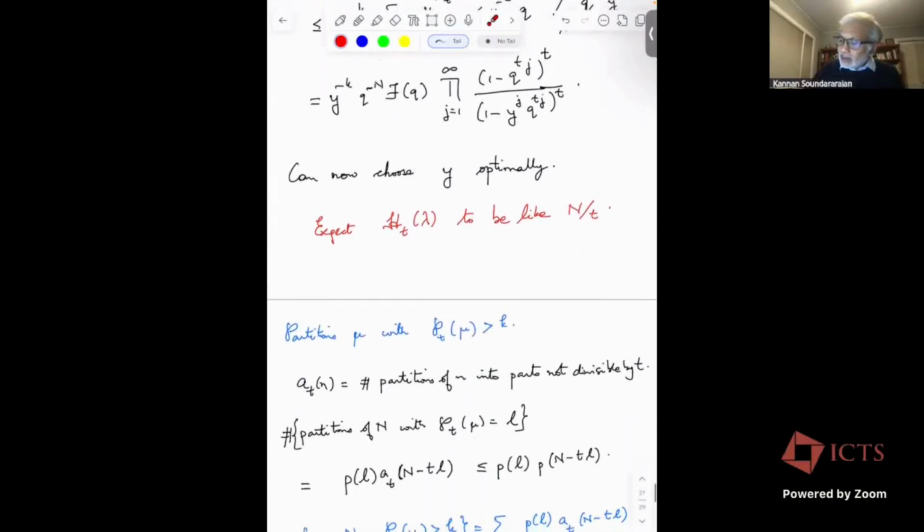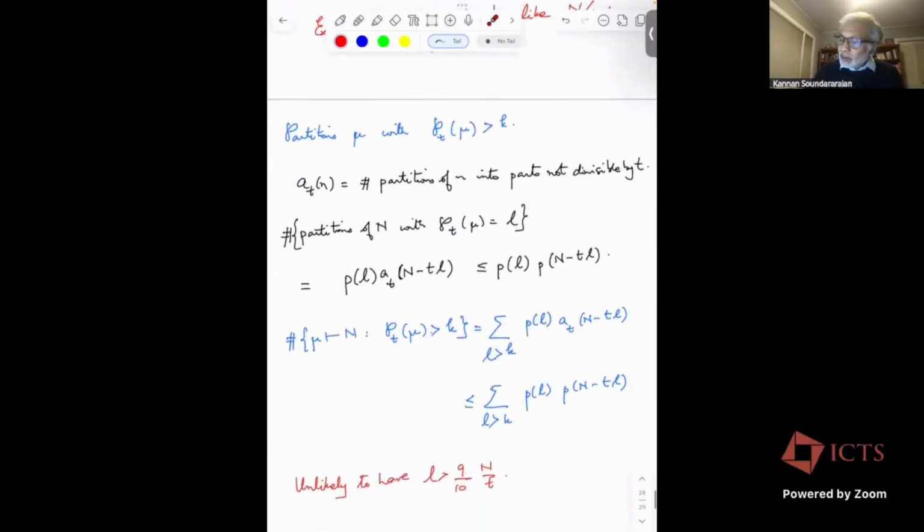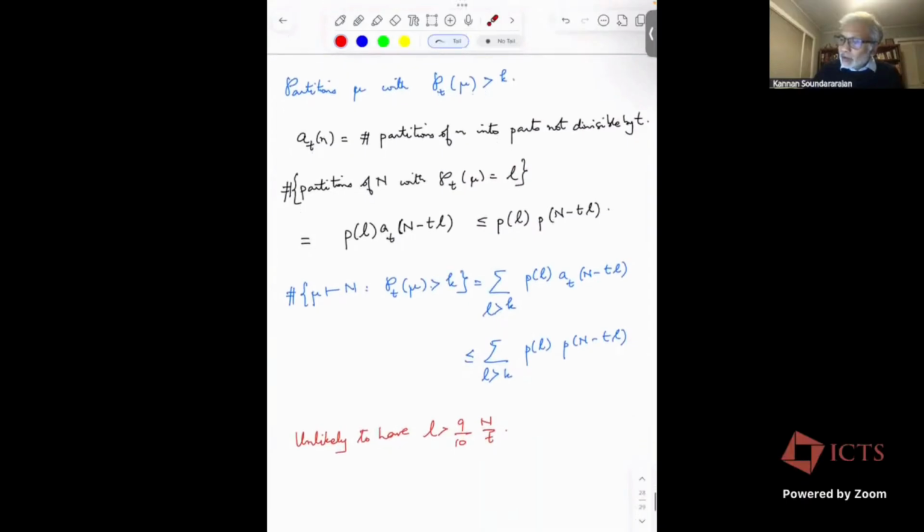On the other hand, if you want to compute the number of partitions mu where, if you add all the parts that are multiples of t, that sum is large, then you can understand what that looks like combinatorially, because you isolate the parts in your partition mu.